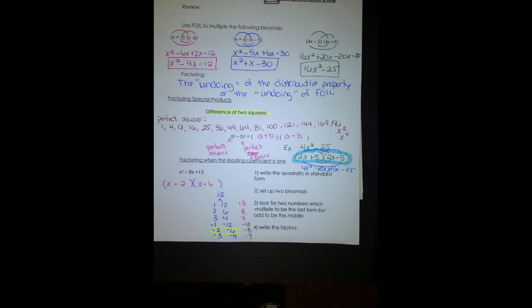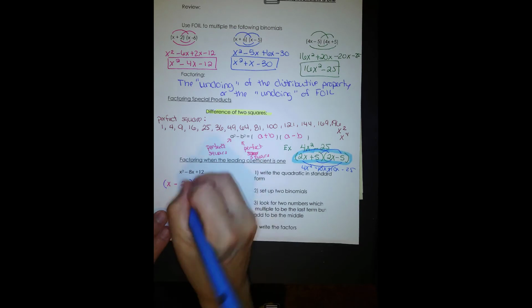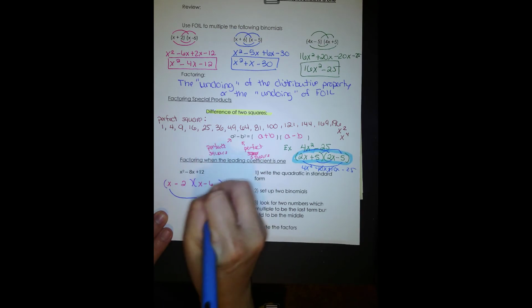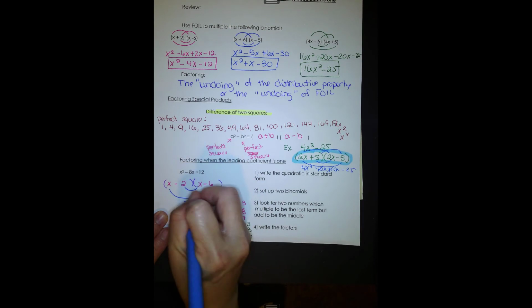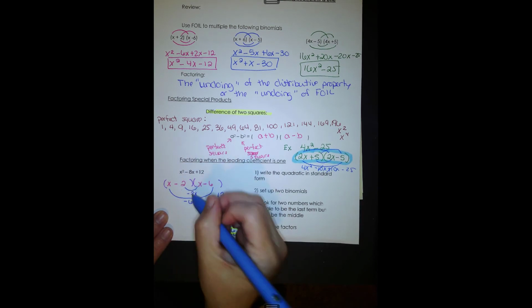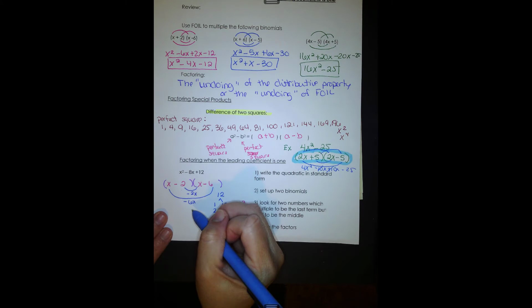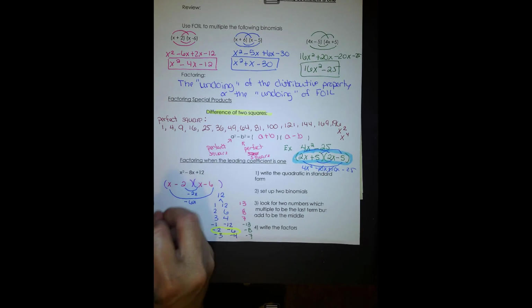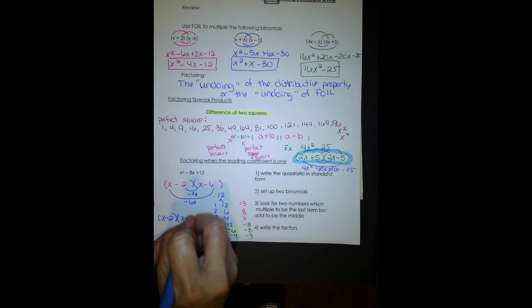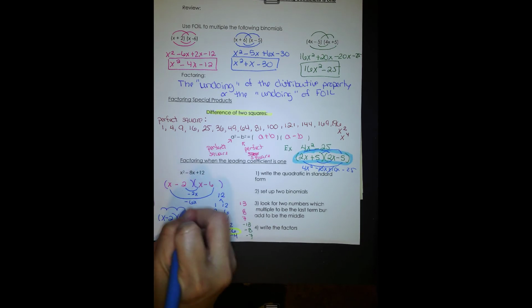But always check that middle term, because if we multiply these together, we end up with -6x. That one is -2x. And notice when I add those together, we end up with -8x. So our factors would be x minus 2 and x minus 6.